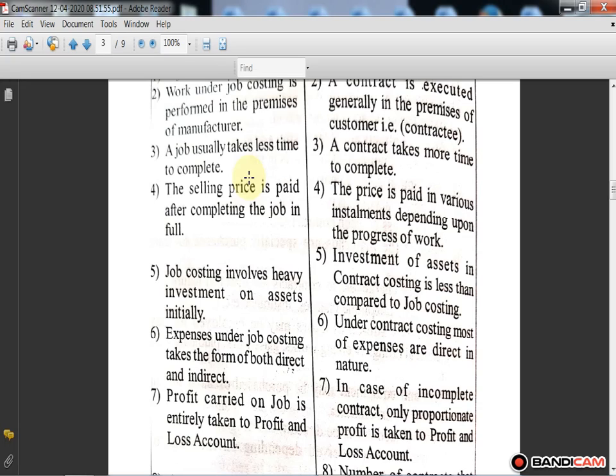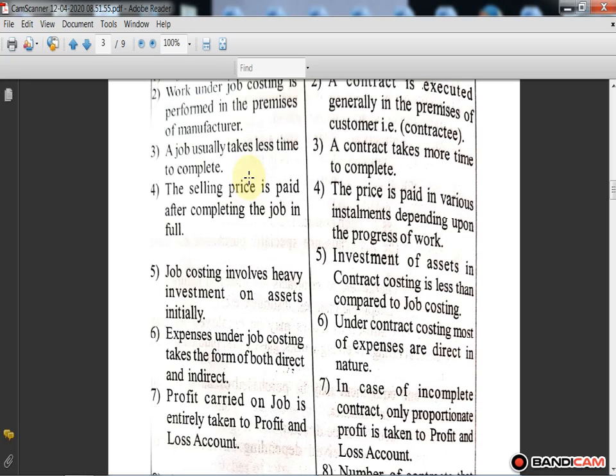Fifth point, job costing involves heavy investment in assets initially, whereas investment in assets in contract costing is less compared to job costing. Sixth point, in job costing, expenses take the form of both direct and indirect.